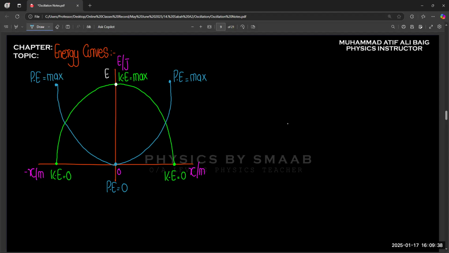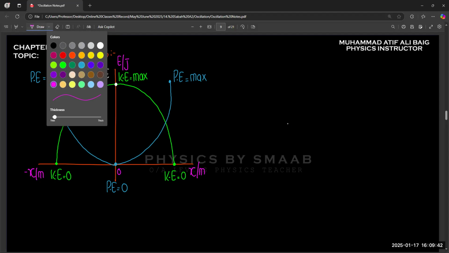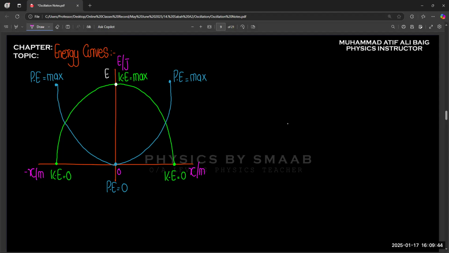And for example, if they ask about total energy, we just need to draw a straight line on the top, because on top we know the value of energy is maximum. So if you consider this point, this point shows you potential energy maximum, kinetic zero. So total energy is equal to maximum.